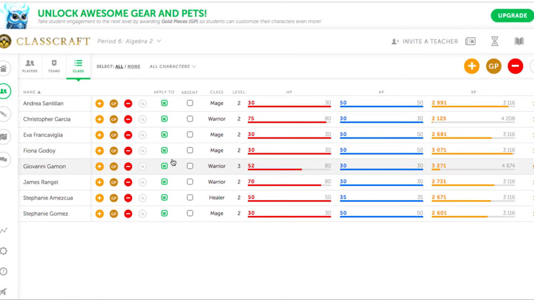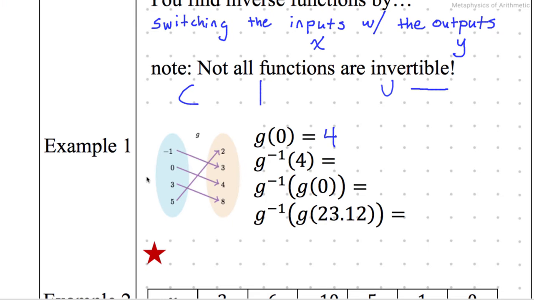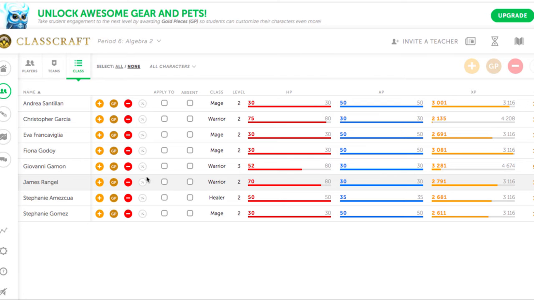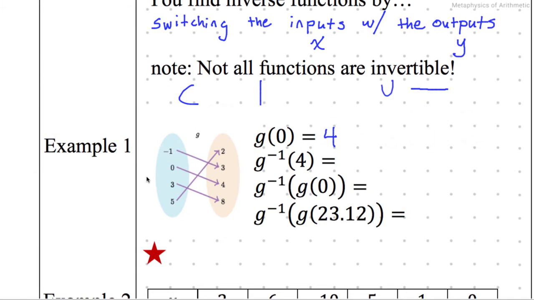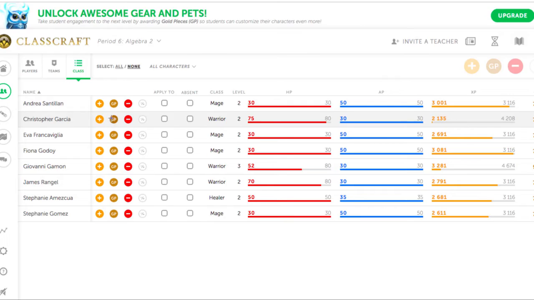What about the bell? Oh yeah, I'll give all y'all 10 XP. And we just had an answer. James just answered now. So that's 50 XP. And Fiona, did you answer one up here? I feel like you answered something, but I don't remember what it was. Oh, it was the warm-up? Okay, I think I gave you the warm-up.